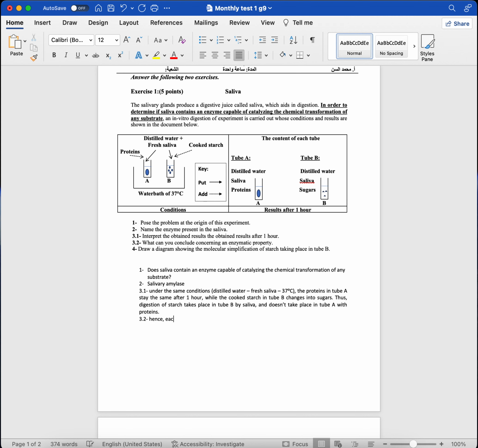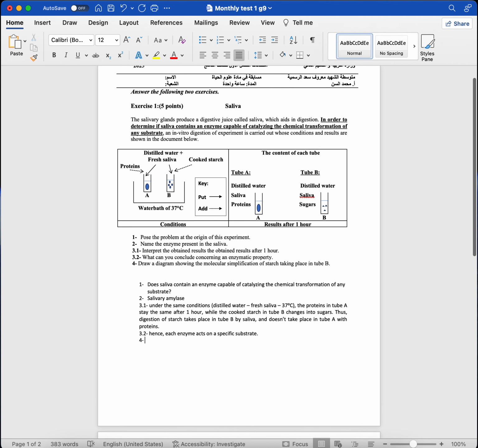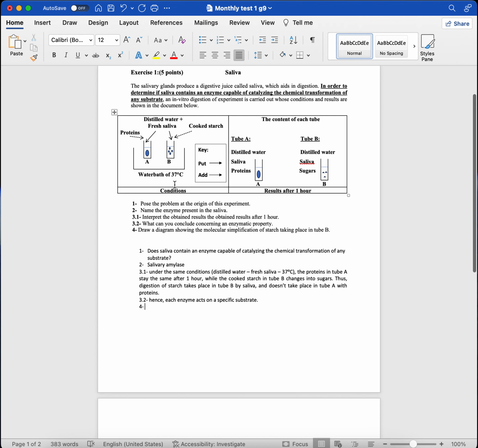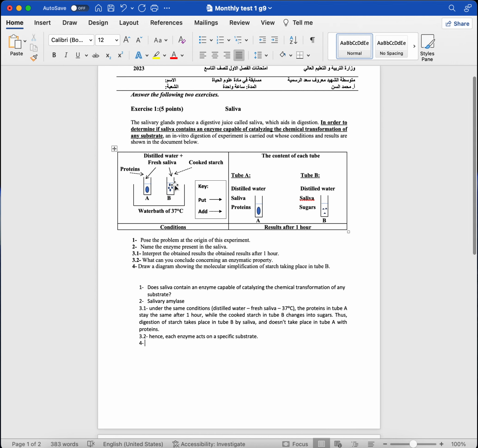Hence, each enzyme acts on a specific substrate. For the molecular simplification صراحة هون I can't draw it because I'm using a laptop. بس انتو فيكم تفتحوها من الكتاب من الدفتر نبعتها على الجروب. Title, don't forget to start by a title.